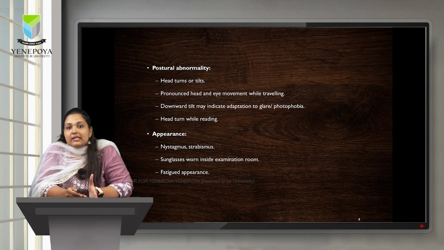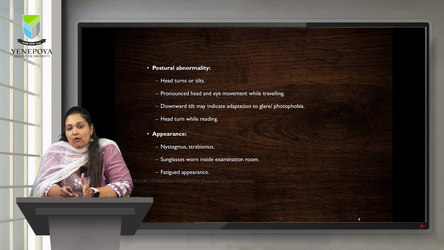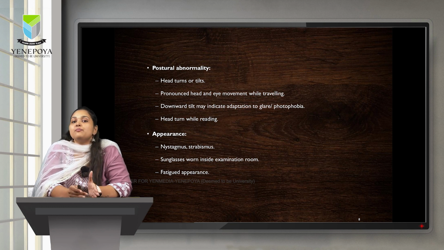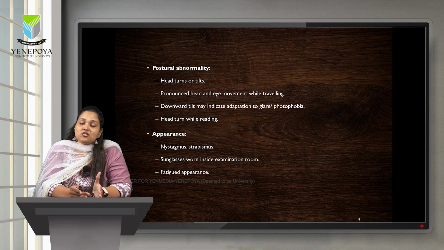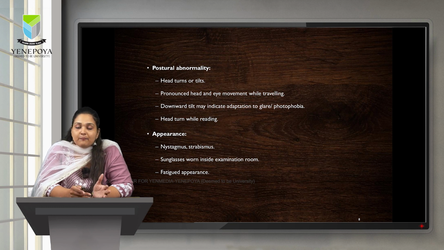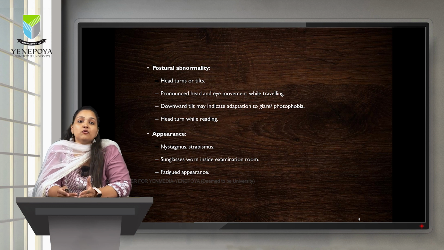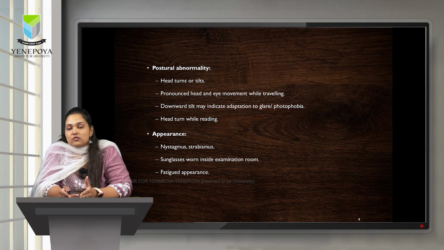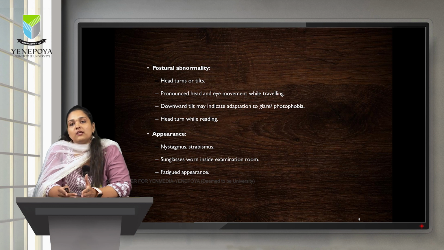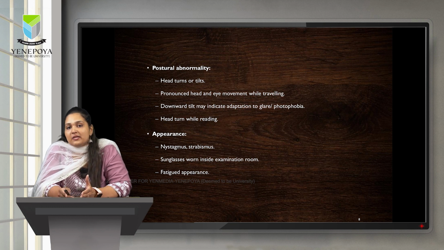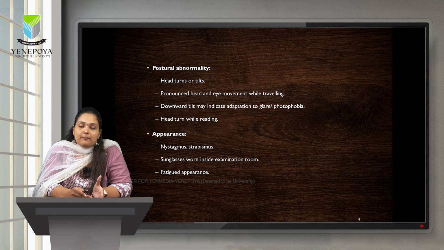So while observing them, the optometrist or the low vision specialist will get an idea that, okay, this person has a glare or photophobia problem. And whether the patient depends too much on the relatives, or walks in by himself and sits in front of you giving eye contact, will also give you, as a low vision specialist, a hint of the patient's relationship with the parents, relatives or care provider.